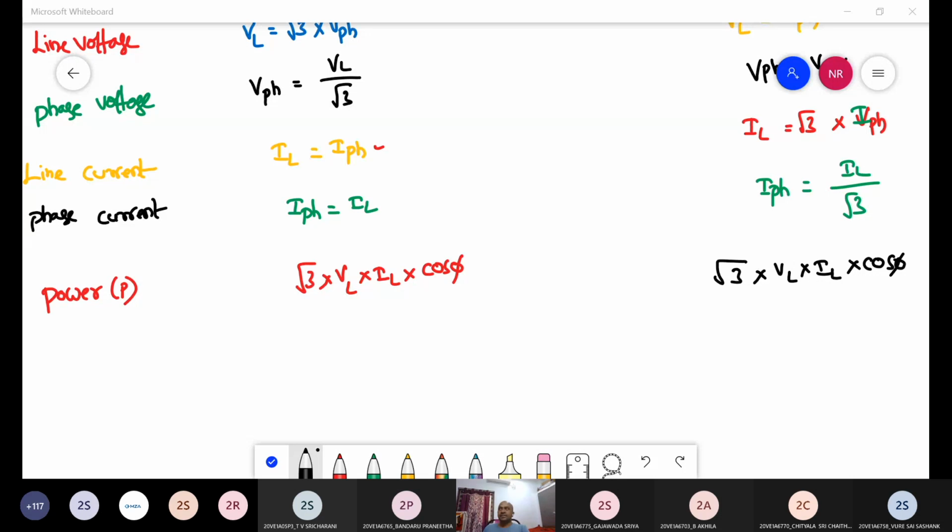Generally, if it is a small value, if the voltage is some 440 volts, then assume it is the line value voltage, because of the three phase supply.